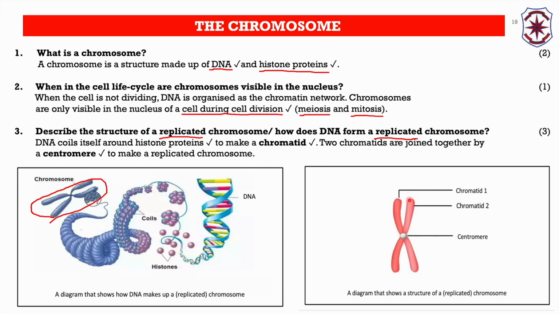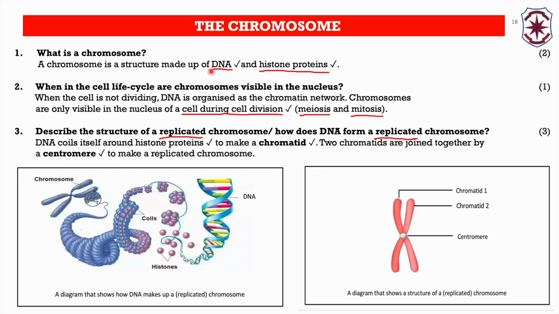Okay. Now, what makes up one chromatid of a chromosome? Let us analyze. Now, a chromosome, from the definition up there, is a structure that is made up of DNA and histone proteins.